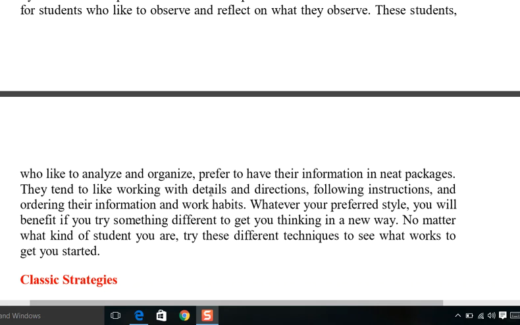They tend to like working with details and directions, following instructions and ordering their information and work habits. Whatever your preferred style, you will benefit if you try some different techniques to get you thinking in a new way. No matter what kind of student you are, try these different techniques to see what works to get you started.